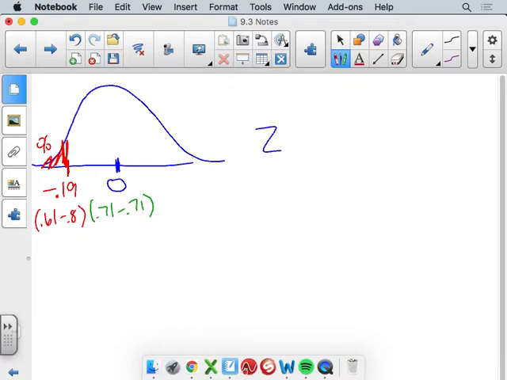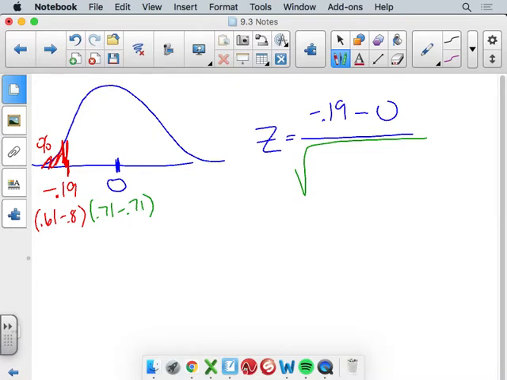So that's my picture of what's going on. I'm going to do a z-score of negative 0.19 minus 0, divided by the standard deviation formula, which is a little bigger and heftier for 2 samples.